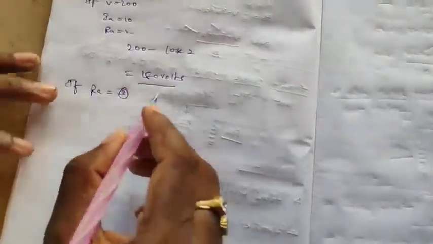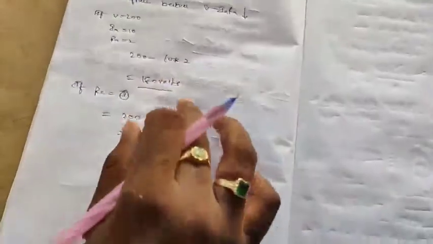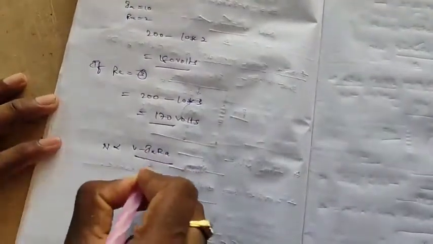If 180 volts gives some speed, and RA increases to 3 ohms, what is the difference? 200 minus 10 into 3, that is 170. In this case, the value decreases. That means back EMF equals V minus IA RA, and phi is constant.